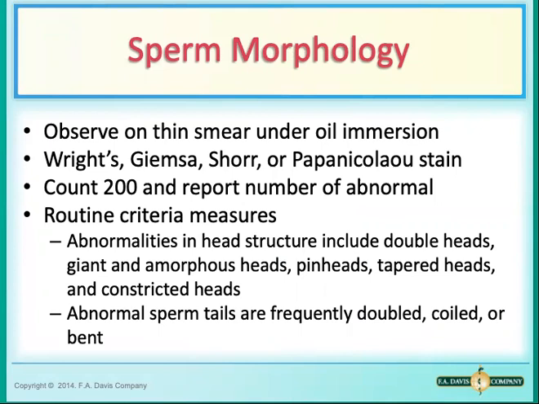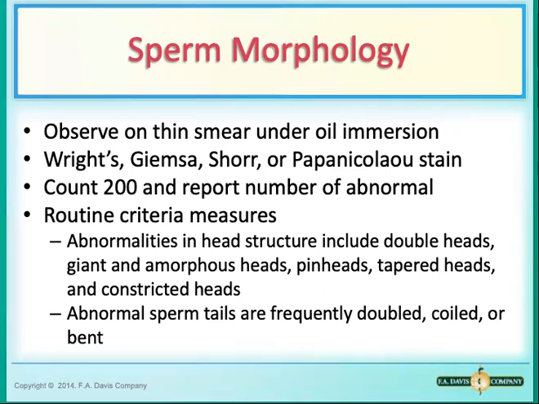Then you'll place a second slide with a clean, smooth edge in front of the semen drop at a 45-degree angle, and draw the slide back to the edge of the drop of semen. You will allow this sample to spread across the end of the slide. When the sample is evenly distributed across the spreader slide, you would lightly pull the spreader slide forward with a continuous movement across the first slide to produce a smear. This is when we typically make a blood smear as well, using pretty much the same technique.